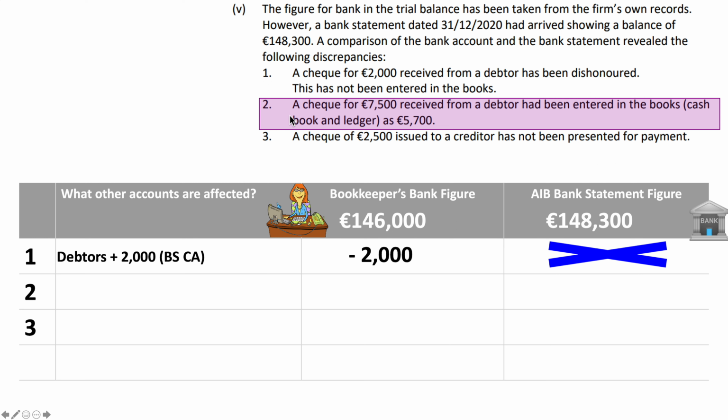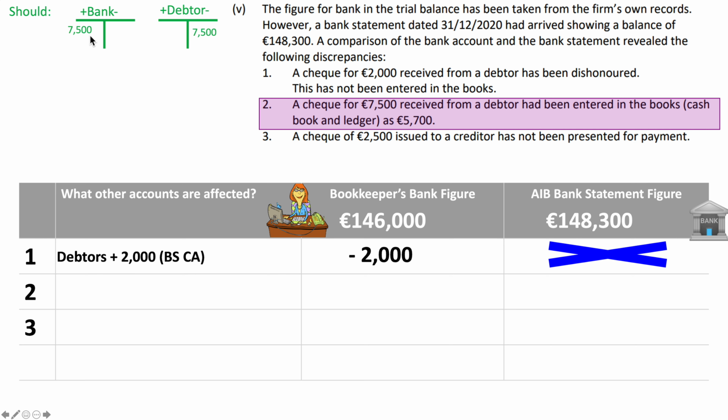Part 2 then, a cheque for 7,500 received from a debtor had been entered in the books, the cash book and ledger, as 5,700. So basically, it was the bookkeeper that messed up there. The bank didn't know about this hiccup, nor do they care, and it won't affect their figure whatsoever. So let's see what should have happened.